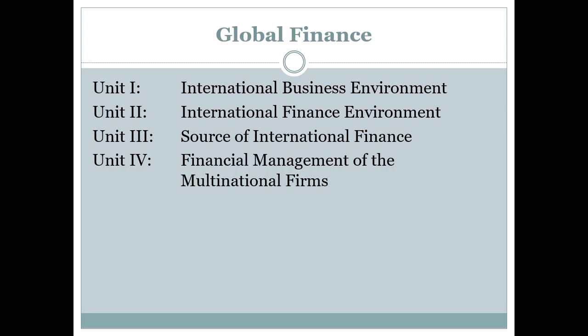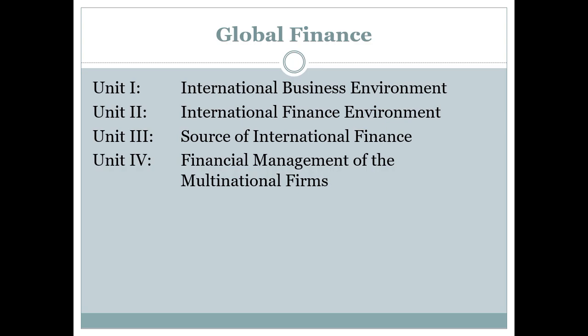If this person is in need of financial assistance, or a source of finance, then which institutes can support this international business itself? We will be studying this in unit number 3.